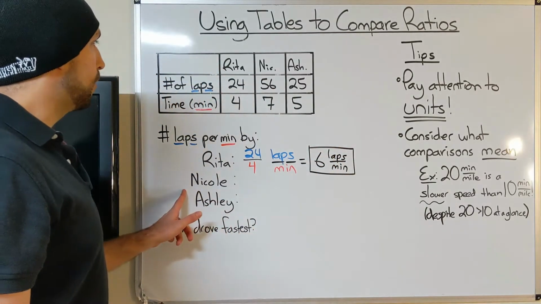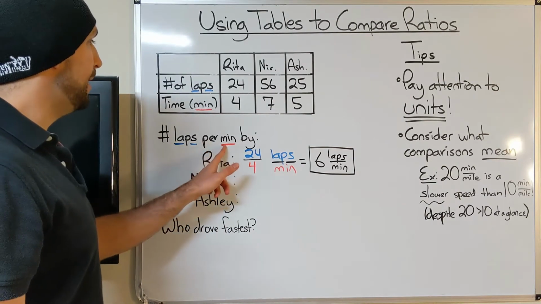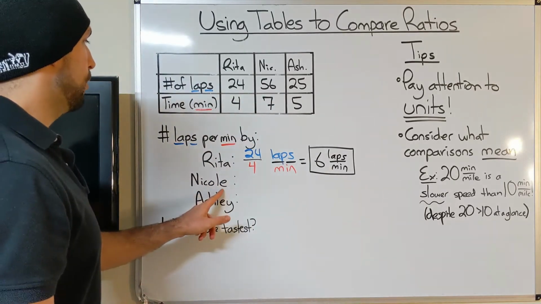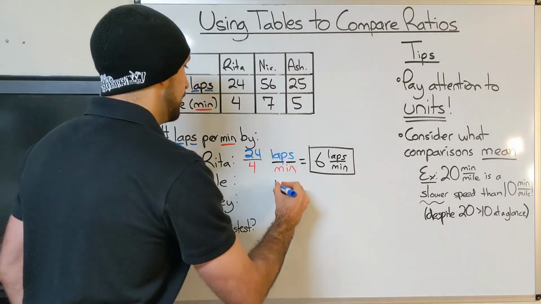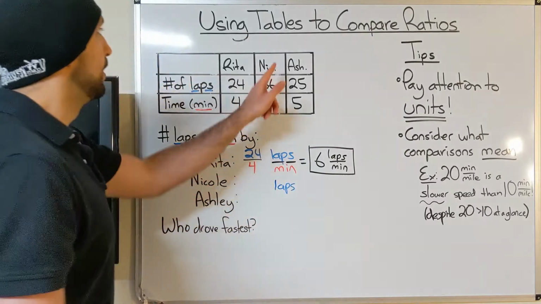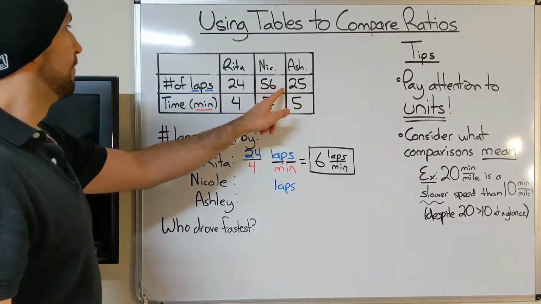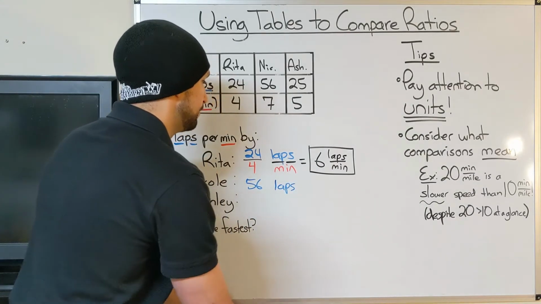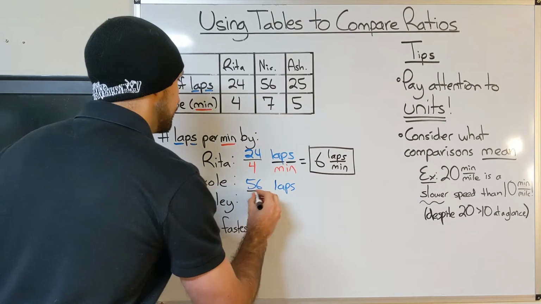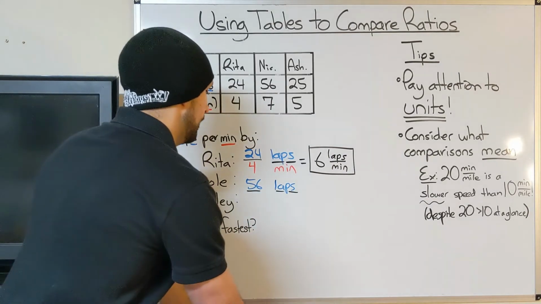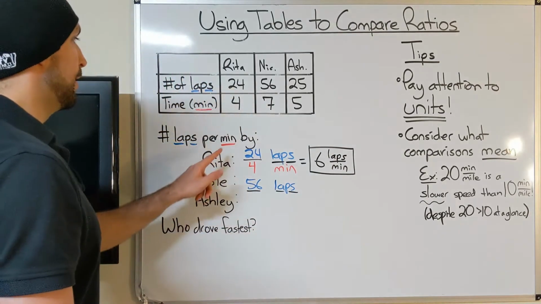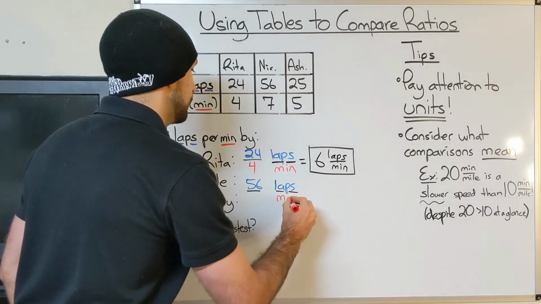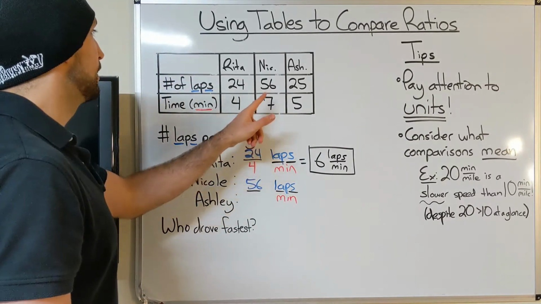Next, we'll be looking at Nicole. Again, we want to know the laps per minute run, so we'll be looking at Nicole as the column this time. Nicole ran 56 laps divided by the number of minutes it took Nicole to run 56 laps.